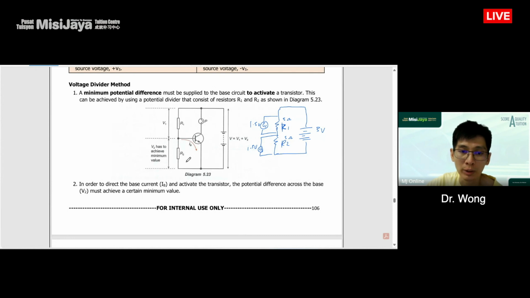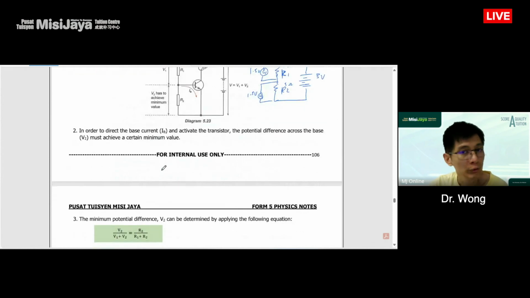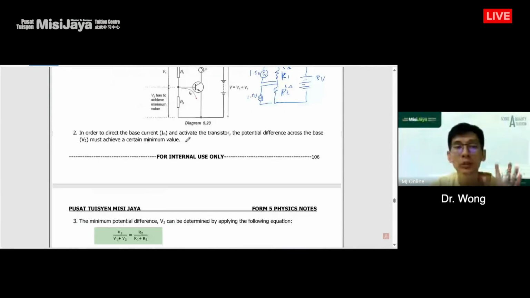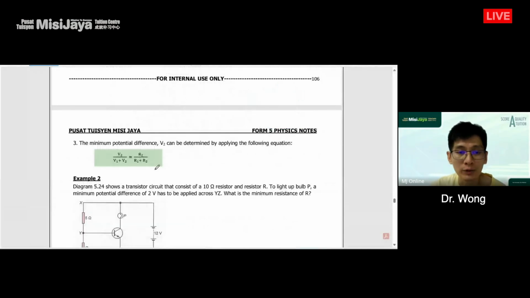So what is that value? We don't know. It should be a fixed value, just like the startup voltage for the diode. But here we don't know it, and it is not important to know. What is more important is this formula.